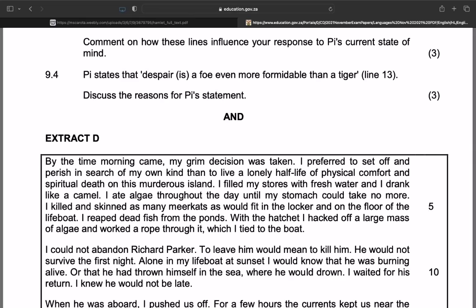Discuss the reasons. You can say Pi experiences a great sense of despair when losing his family on the lifeboat, the ship. We can go on to say that he also experienced a great sense of despair when he was all alone in solitude on the lifeboat.